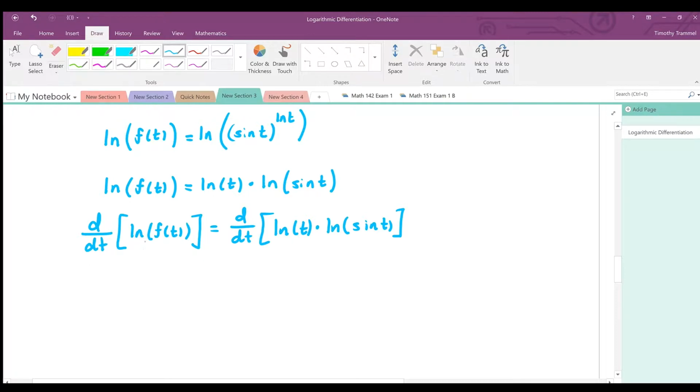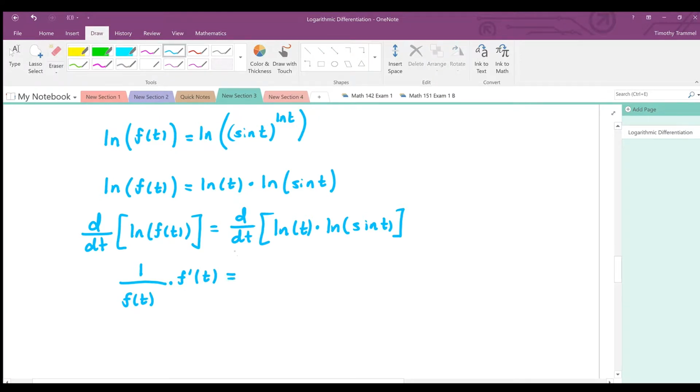Next, here we're going to start off by taking the derivative of the natural log of f of t. So we should get 1 over f of t, and then times the derivative of f of t. All right, so this will be what we're going to be solving for here momentarily. That's what we're trying to find.